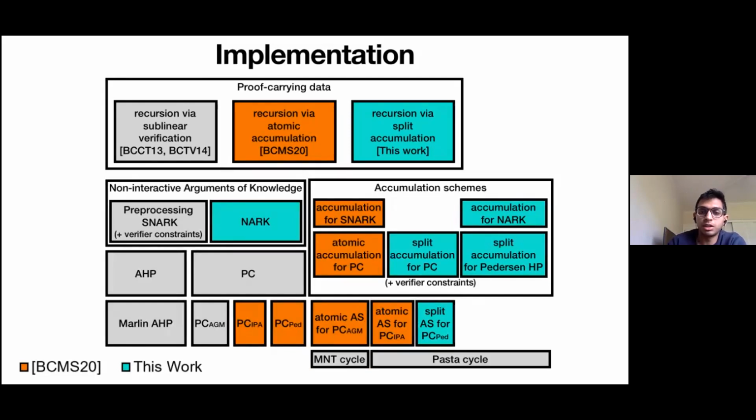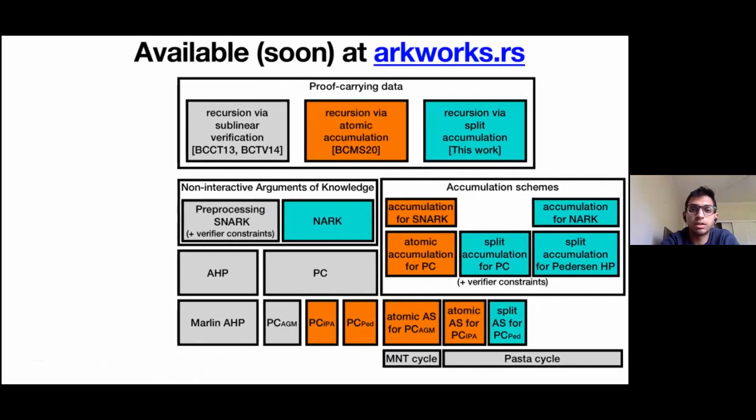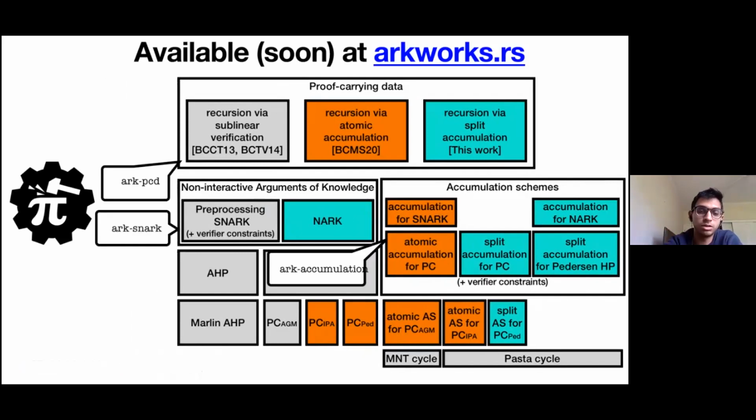This is all based on top of various cycles of curves, but together this basically gives us a comprehensive framework for using PCD via any paradigm that you might care for. We hope to make it all online soon as part of the arkworks ecosystem. This is at ark-pcd. This SNARK interface is part of ark-snark, and this is in a soon-to-be online library for accumulation schemes, ark-accumulation.